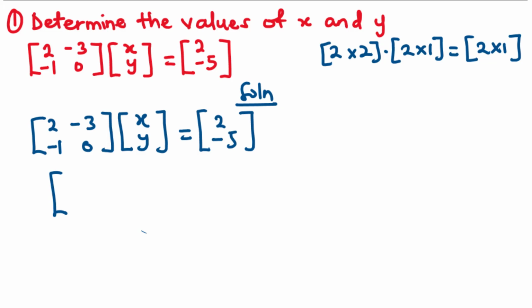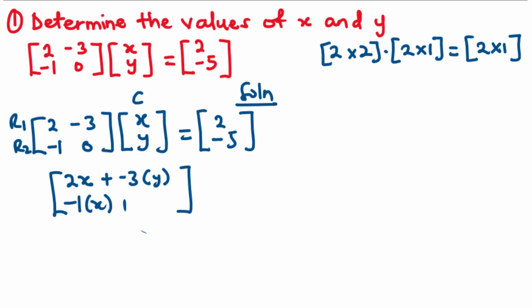So we multiply row 1 of the first matrix by the column of the second matrix, and also row 2 of the first matrix by the column of the second matrix. So we have 2 times x, that is 2x, plus negative 3 times y. And then for the second row, we have negative 1 times x plus 0 times y.